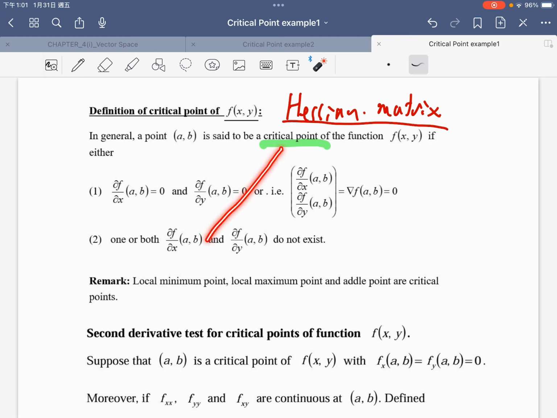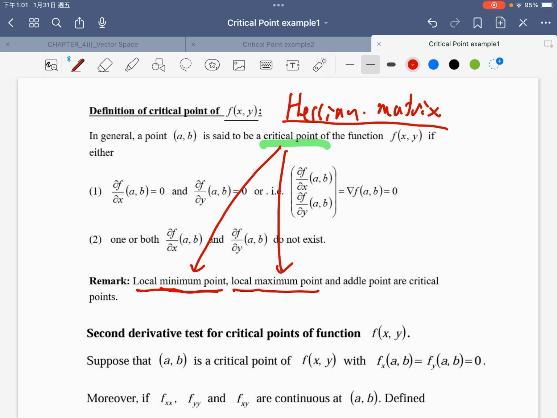We can divide critical points into three types: local minimum points, local maximum points, and if neither of them, saddle points.